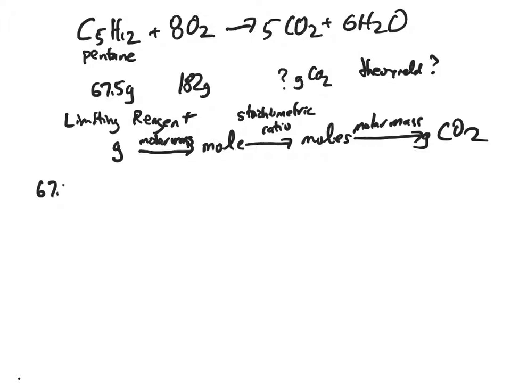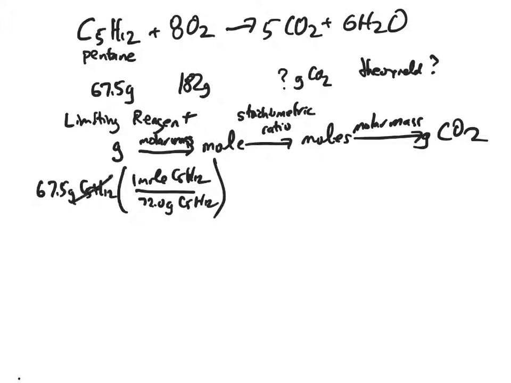So 67.5 grams of pentane, C5H12. 1 mole of C5H12 is the same as 72 grams of C5H12. We get that from the periodic table. Grams pentane divided by grams pentane cancels. And now we need to come up with our stoichiometric ratio of moles pentane, C5H12, to moles carbon dioxide.